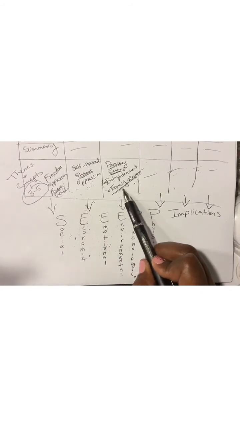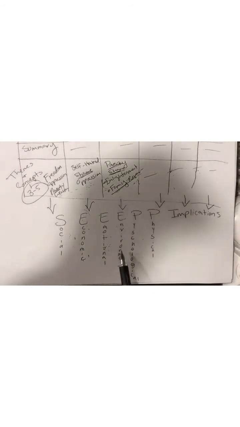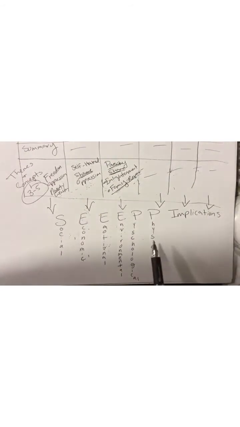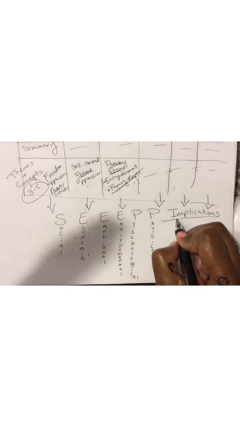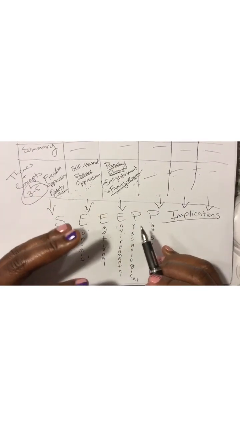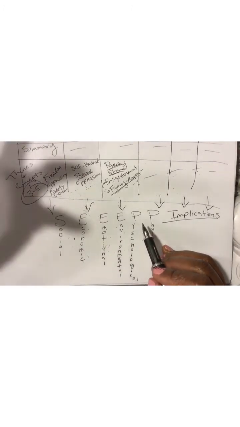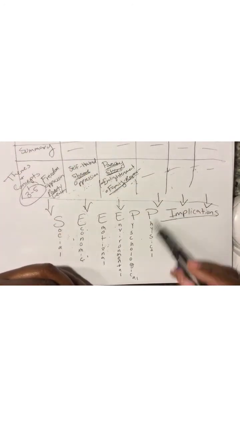How does our family shape who we are socially, when it comes to our economics, when it comes to our emotions, when it comes to our environment, psychological, physical, what have you, okay? So, implications. This is just one way to dig a little bit deeper as far as your writing and to expound on your points, okay, is by using this acronym.